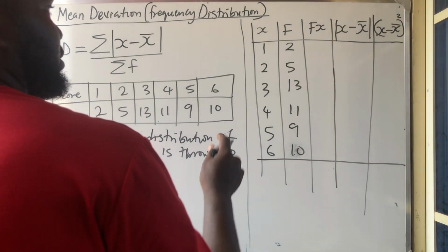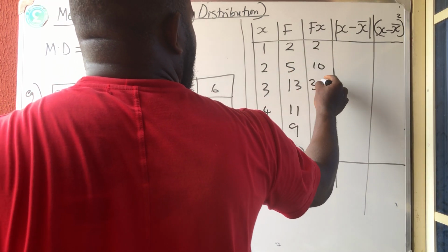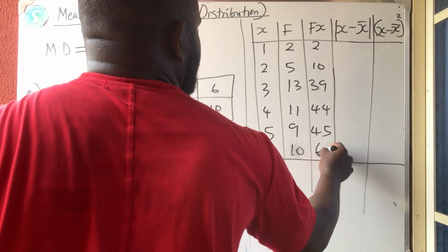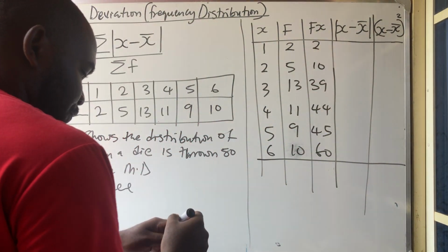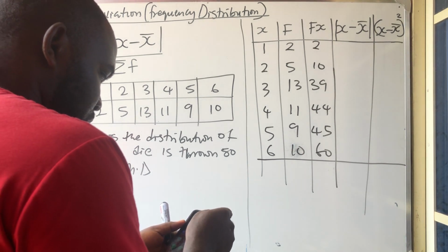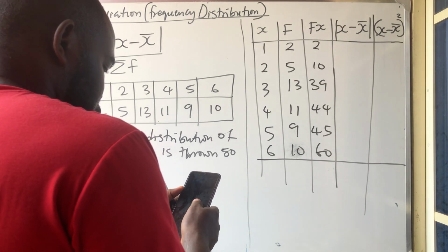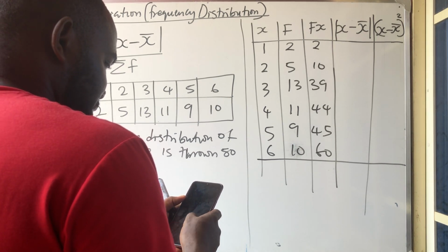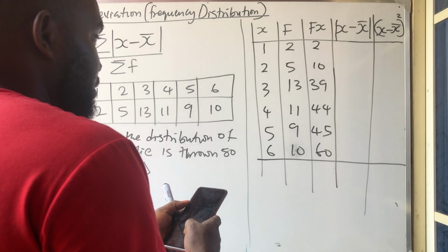Now f of x: 1 times 2 is 2, 2 times 5 is 10, 3 times 13 is 39, 4 times 11 is 44, 5 times 9 is 45, and 6 times 10 is 60. Don't forget we need the summation of f of x. Let us add it: 2 plus 10 plus 39 plus 44 plus 45 plus 60.